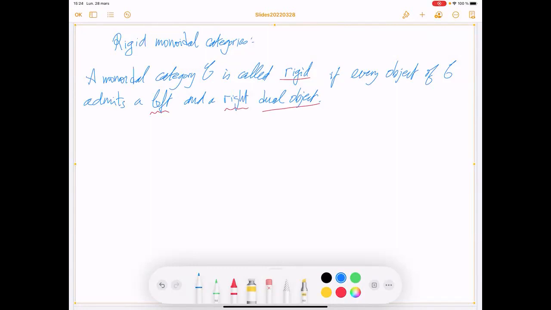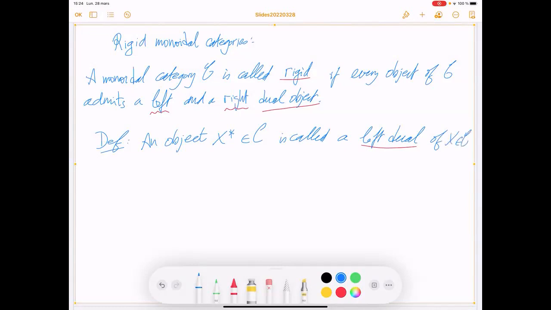So what is a left dual object? An object X star in C is called a left dual of X in C if there are two morphisms.